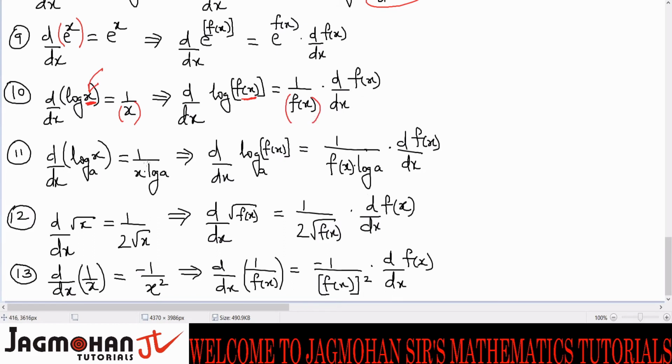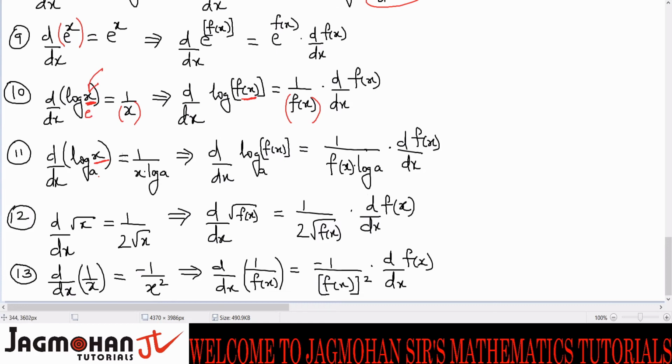The 11th function is d by dx of log of x to the base a. Here we have not written any base because it is e. It is understood. If e is the base, it need not be written. So it is known as natural logarithm.